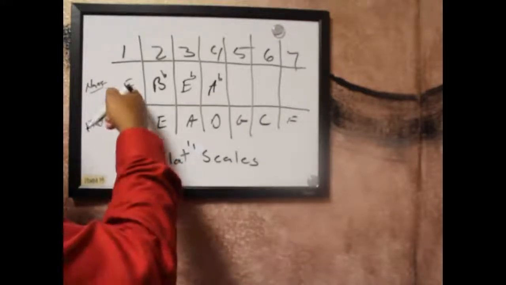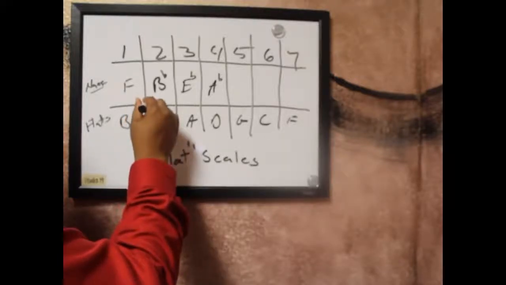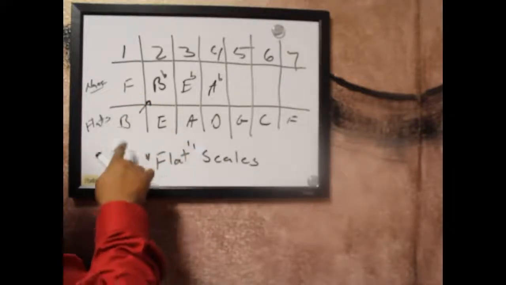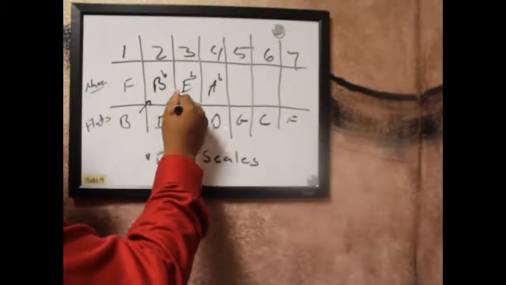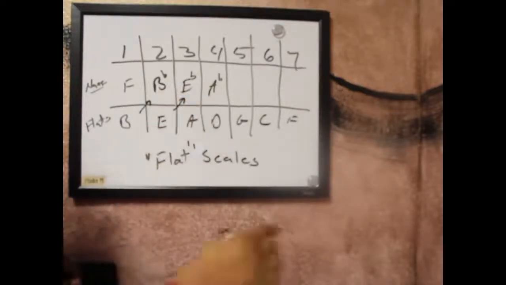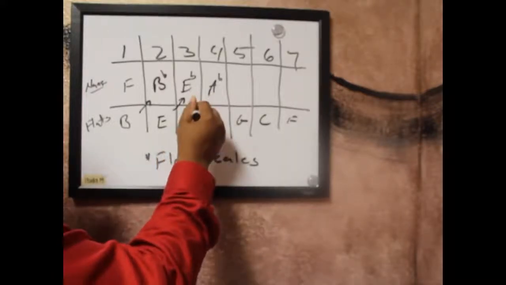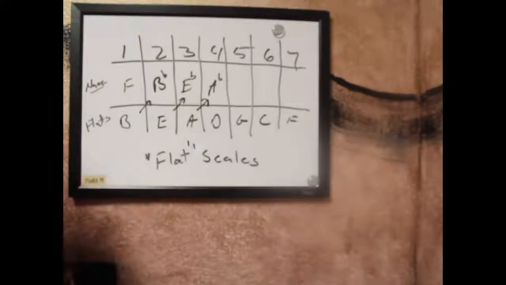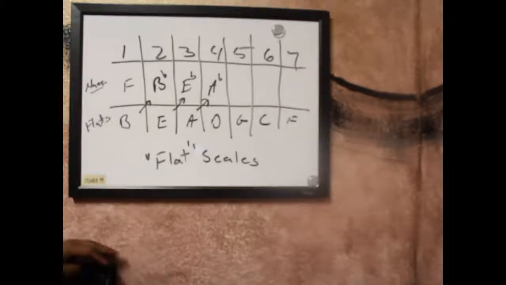Look at the pattern. We start on F with B flat. The next scale is called B flat. The next scale has B flat and E flat. The next scale is called E flat. The next scale has B flat, E flat, and A flat. The next scale is called A flat. Whatever the last flat is in a key signature is the name of the next scale in the circle.